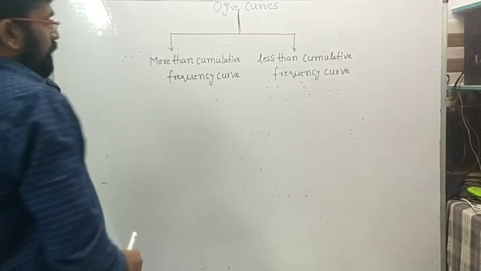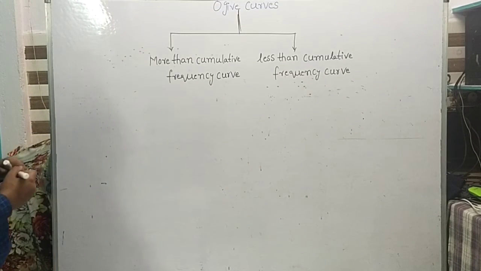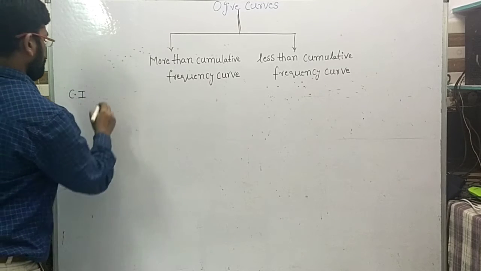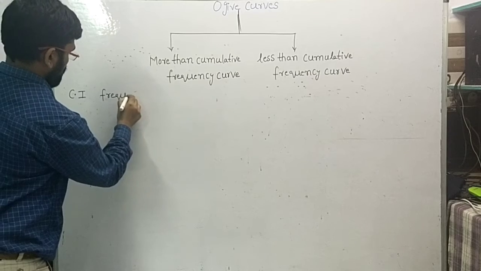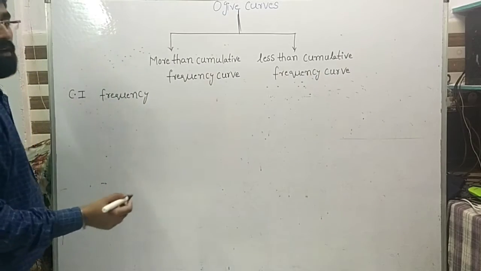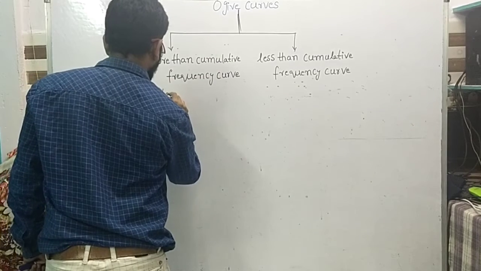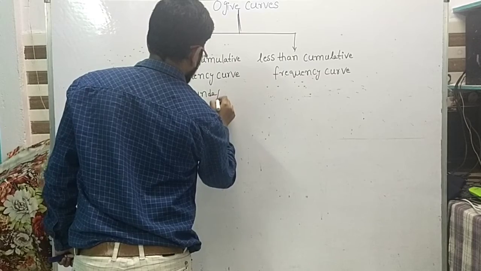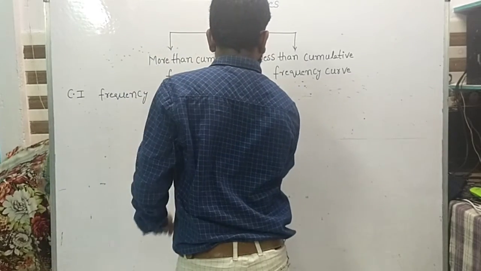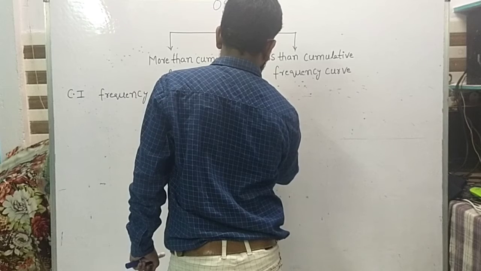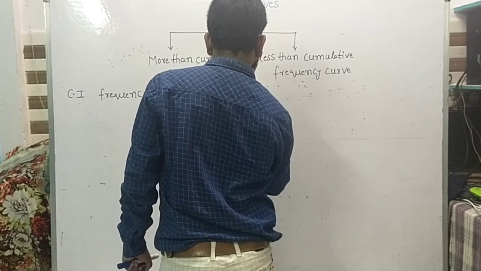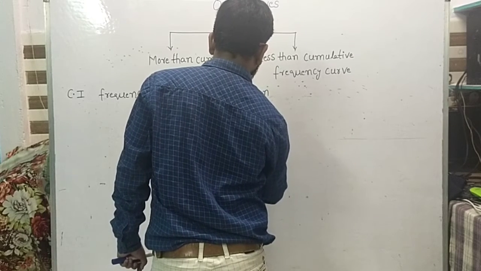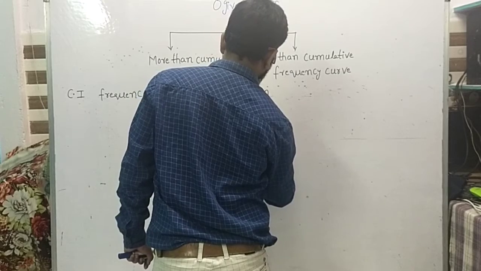So what do we take for more than and what do we take for less than? For more than, we consider class intervals, frequency, and we take the lower boundary and more than cumulative frequency.